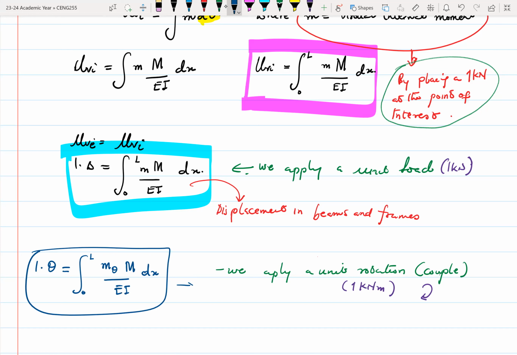So this is to find rotations, whilst the other one finds displacement.